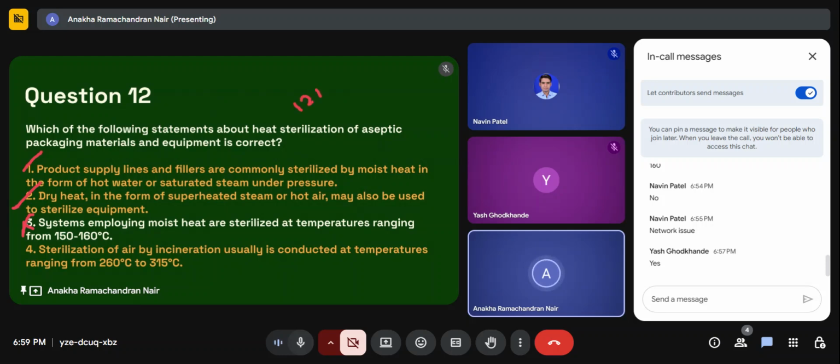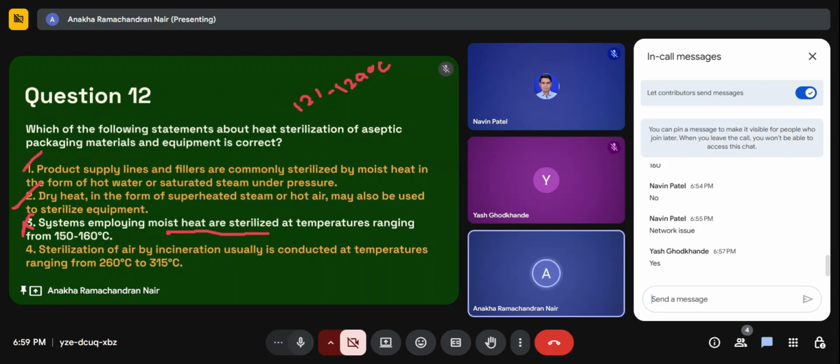We autoclave at 121 degrees Celsius, right? So the range is 121 to 129 degrees Celsius for moist heat sterilization. Okay, not 150 to 160 degrees Celsius. So this is incorrect. And option 4, sterilization of air by incineration is usually conducted at temperatures ranging from 260 to 315 degrees Celsius. All right.